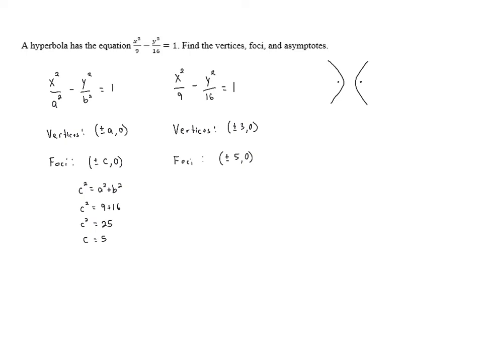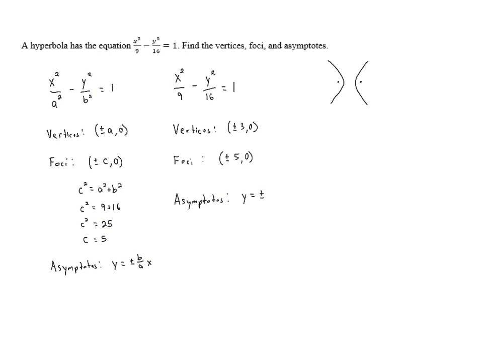Now, we also want to know the asymptotes. And in this case, we're told that the asymptotes are at y equals plus or minus b over a times x. So in our case, that is going to be y equals plus or minus.